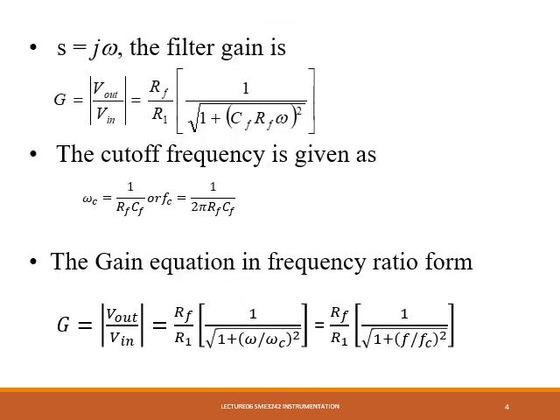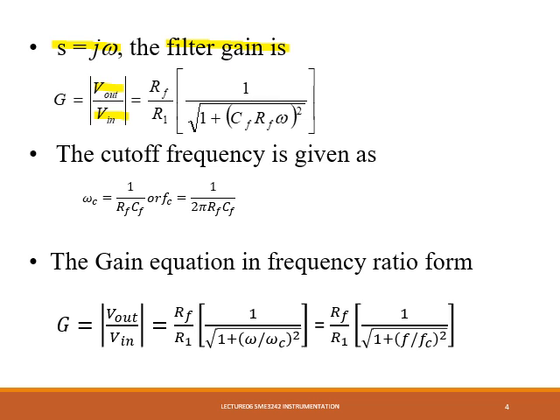Using the last equation, we're going to replace the S term with S equal to j omega. The step is the same as the step when we derive for RC low pass filter. Then we're going to find the filter gain, or the magnitude of the equation, which is the ratio of voltage output over voltage input. So we get this equation where the magnitude is RF over R1, times 1 over the square root of 1 plus (CF RF omega) squared.